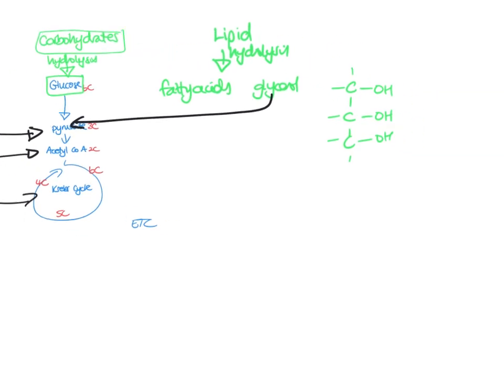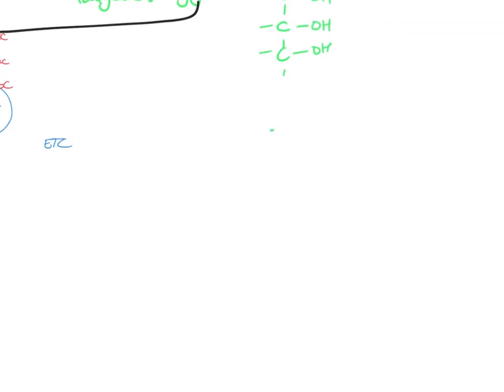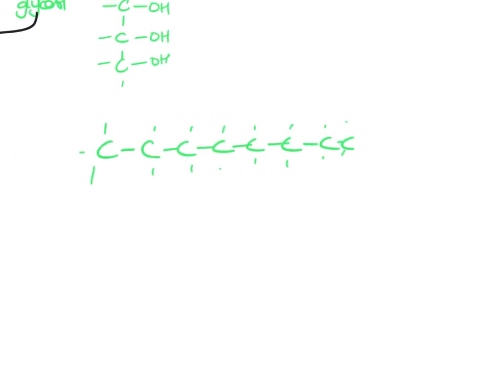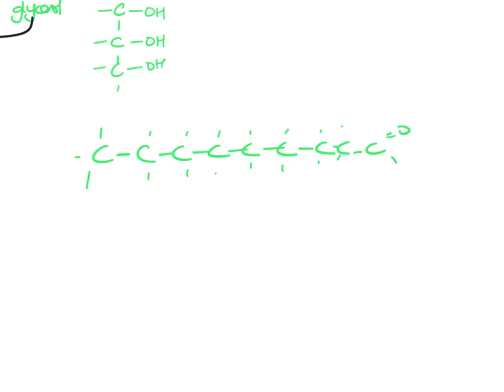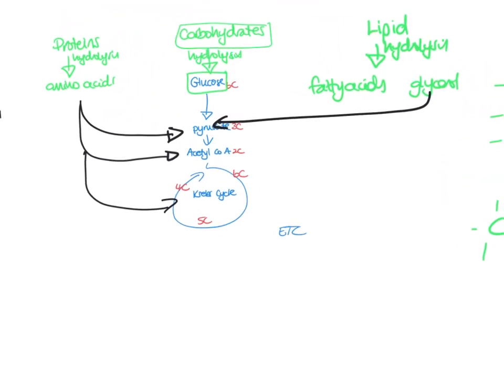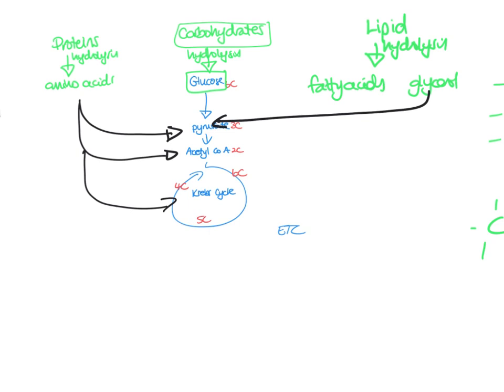Fatty acids, you might have 16 carbons with lots of hydrogens and so on. There is nowhere where we've got 16 or 14 or whatever.